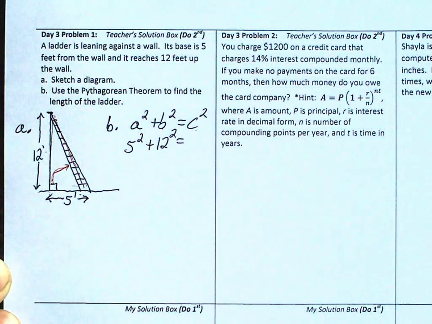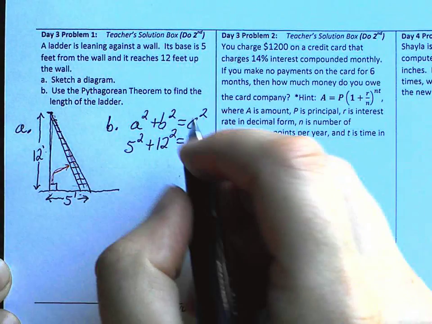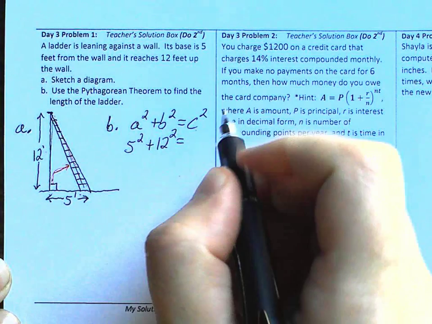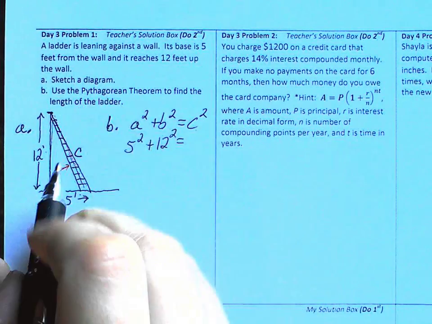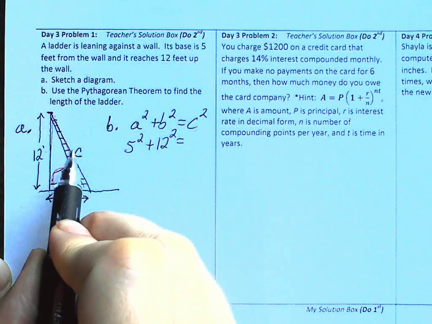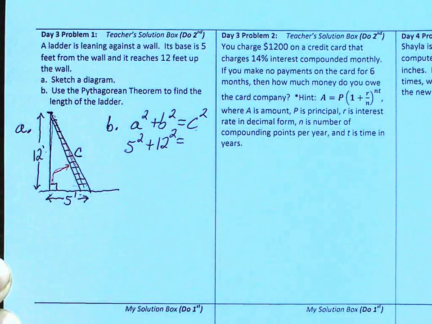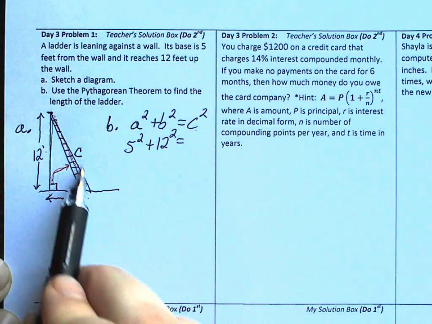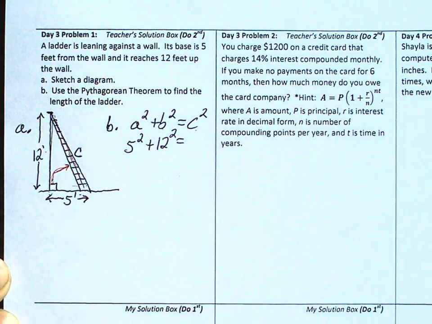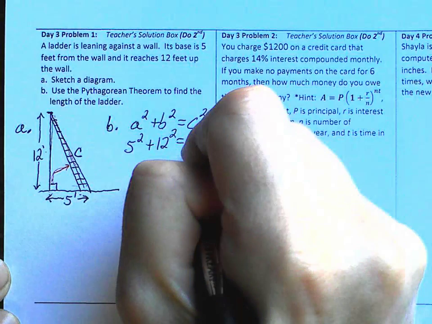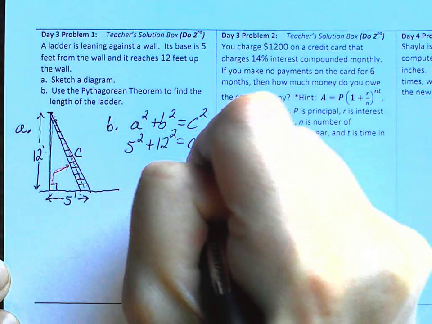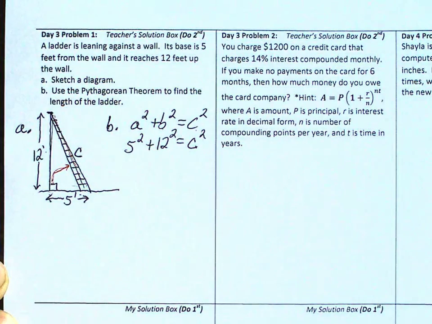And we don't know how long that is. And so since it's the letter c in the formula, it makes sense to put a letter c in our drawing to represent that side. So we're going to use the variable c to represent this side of the triangle that we don't know how long it is. And so in our formula, it's the variable c.